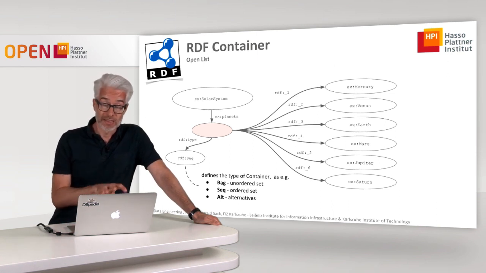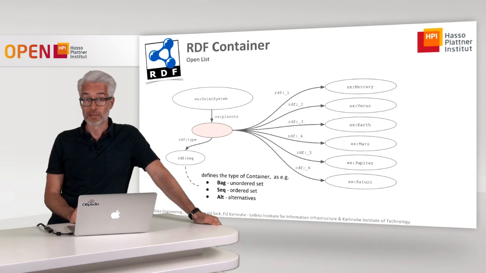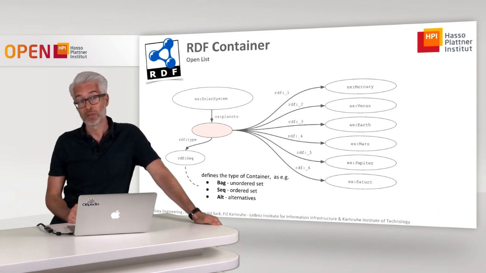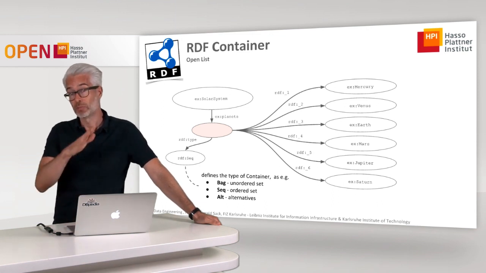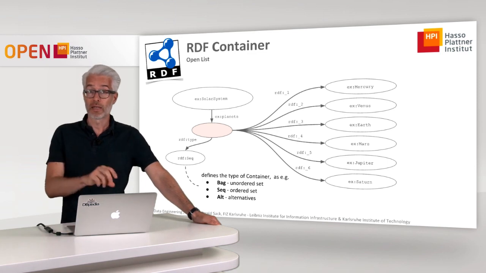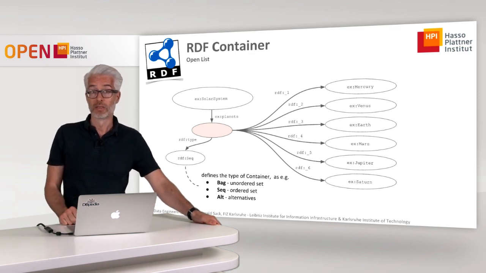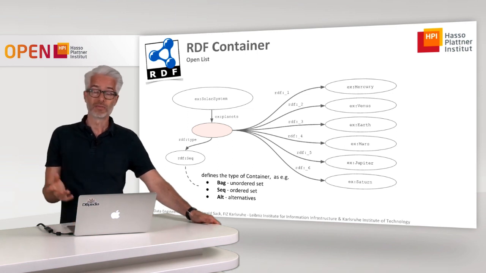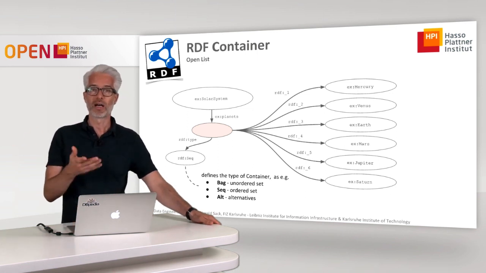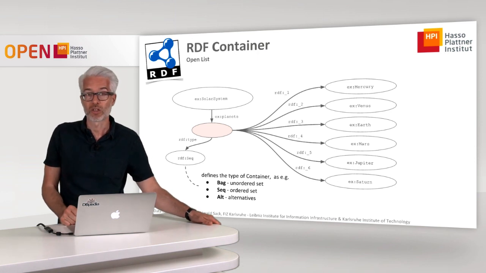If the order of the set is somehow of significance, you can order it, of course, according to the numbers you see here with _1, _2, and so on and so on. Here for the planets, for example, it's important to put them in the right order, starting from the sun, for example. And here you have a sequential container. So you define the container to be type of rdf:Seq, which means sequential.